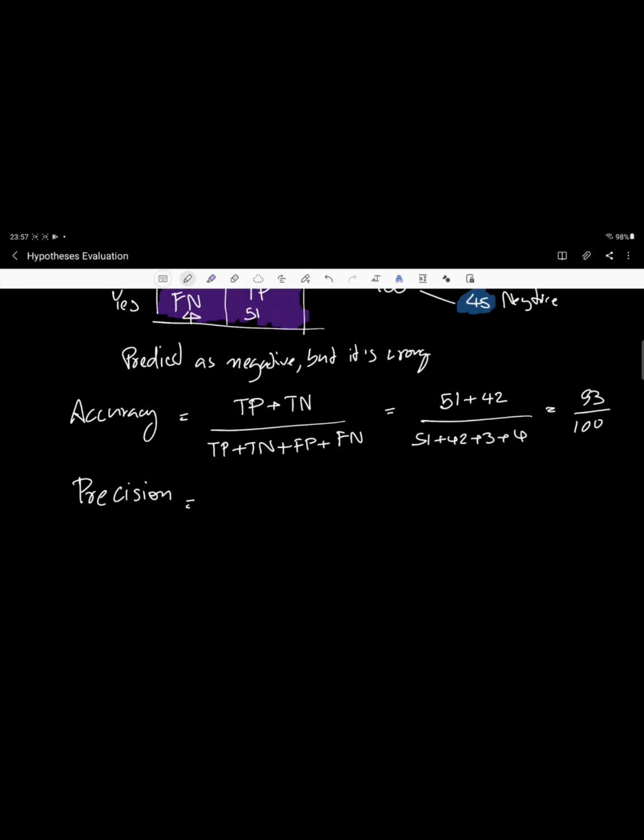So the precision is very easy after you know that.